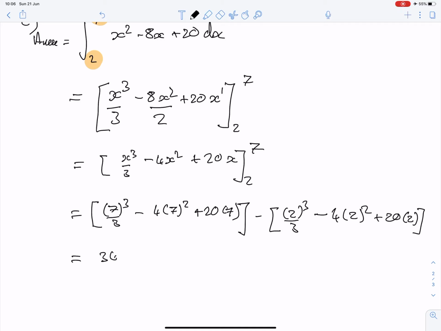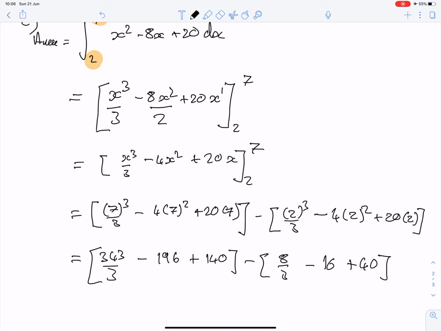I'll get 343 over 3 minus 49 times 4, which is 196, plus 140, minus 8 over 3, minus 2 squared is 4, that's 16, plus 40.